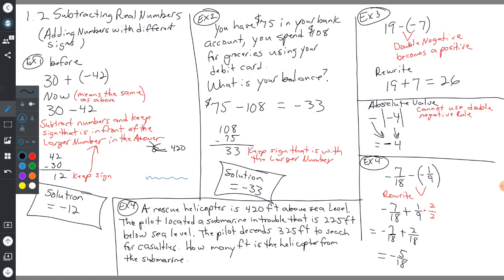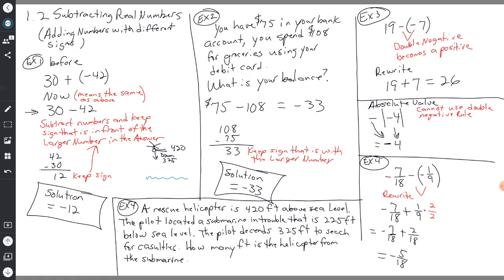It descended 325, so from 420 it went down 325.